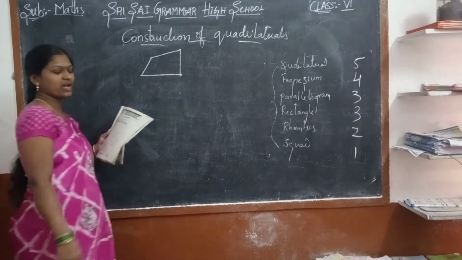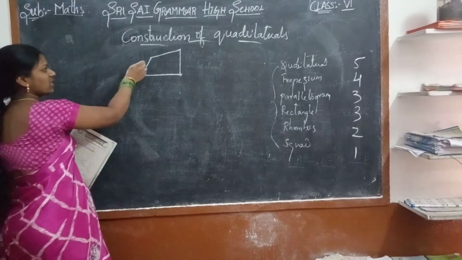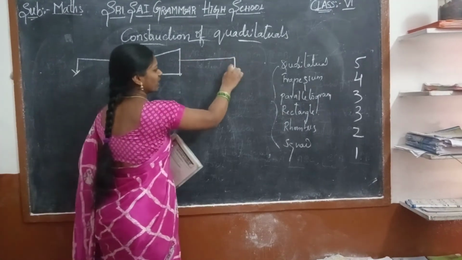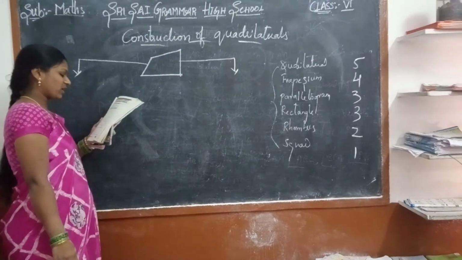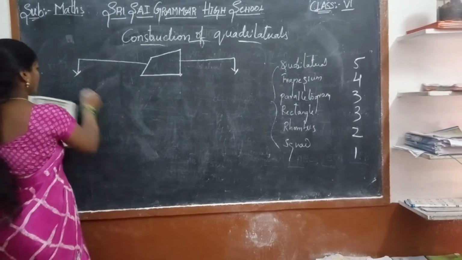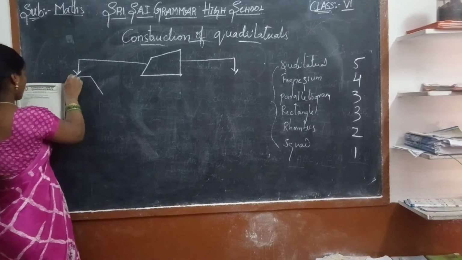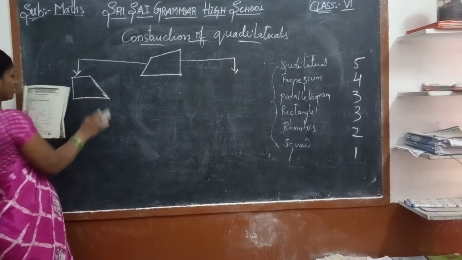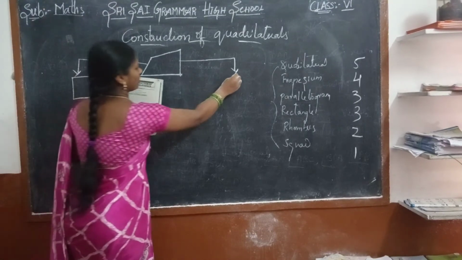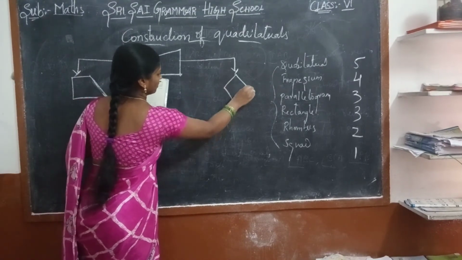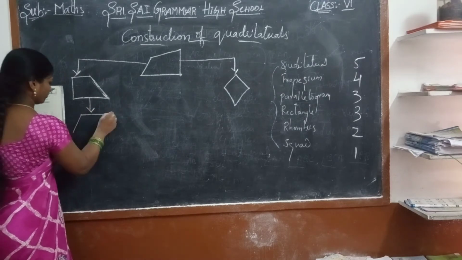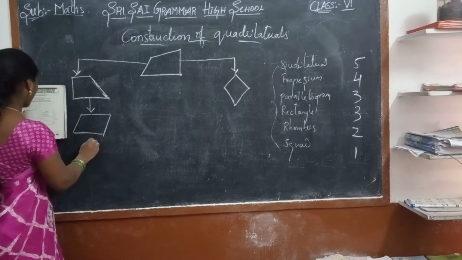Yes, these are the types of a quadrilateral. In this quadrilateral, how many types can be present? Now we see trapezium, another trapezium and a rhombus. And here a parallelogram.